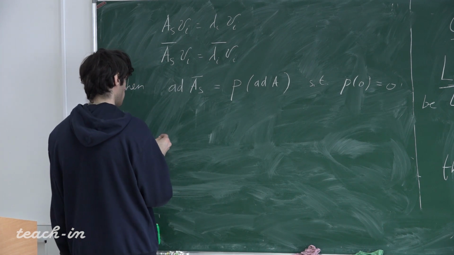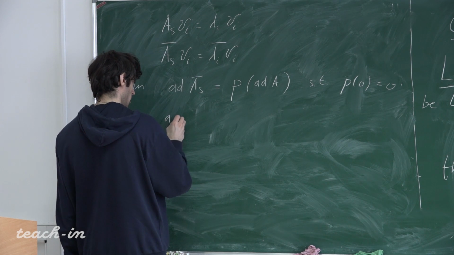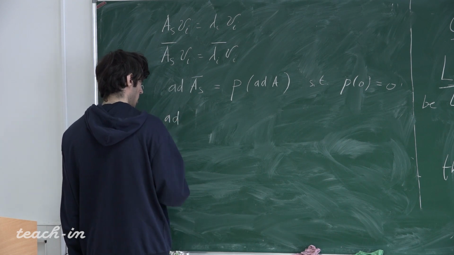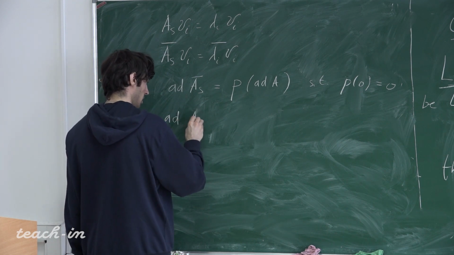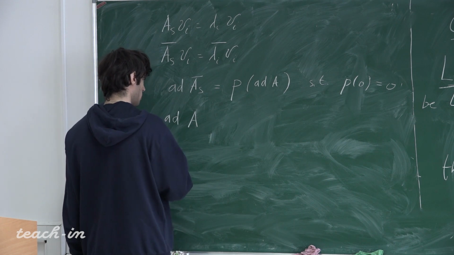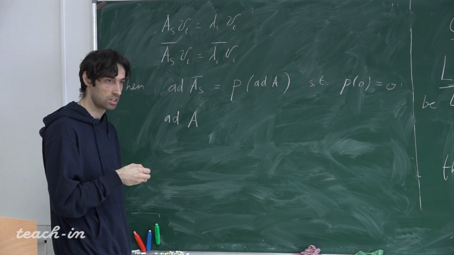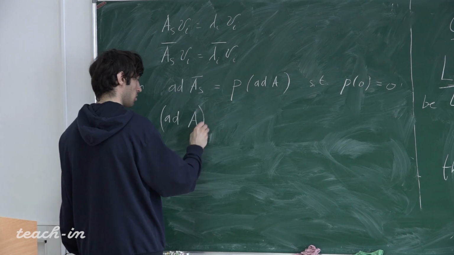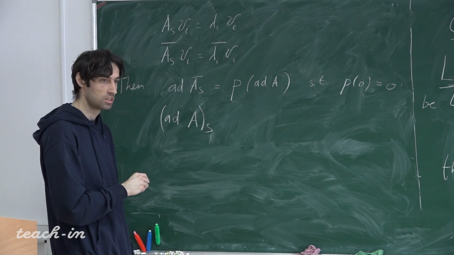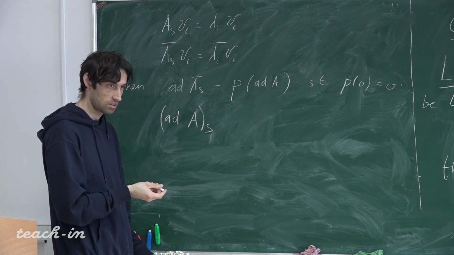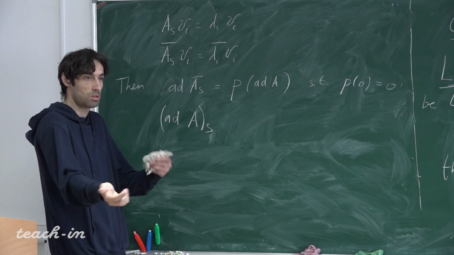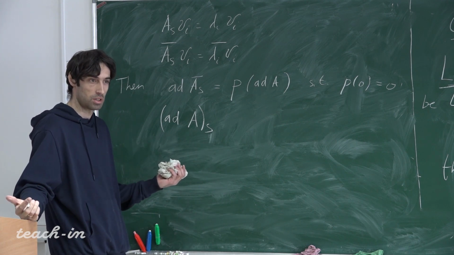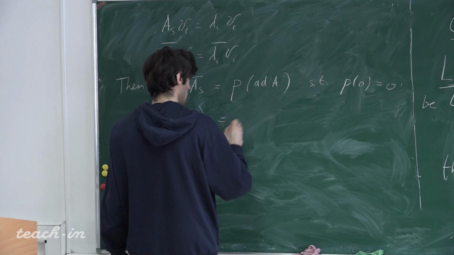First of all, ad A is also a linear transformation, and it has its own semisimple part. Every linear transformation has a Jordan decomposition.